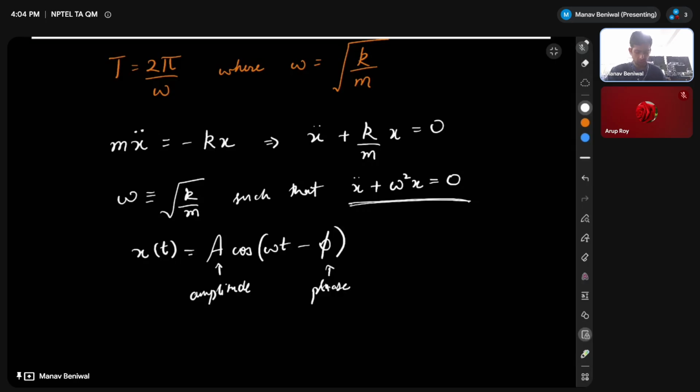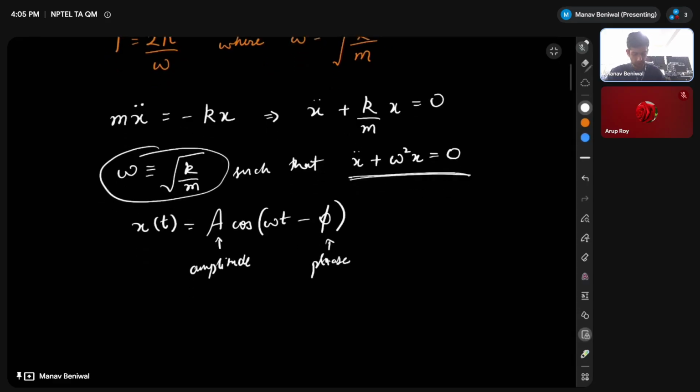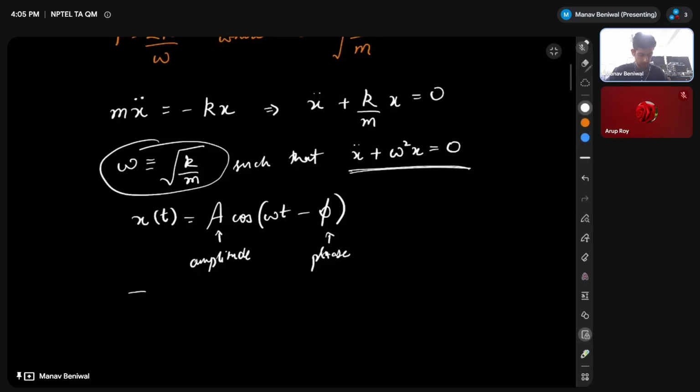Now here we have this omega, right? This is under root k over m, and we know that this time period T is 2 pi over omega. So our T becomes 2 pi under root m over k.